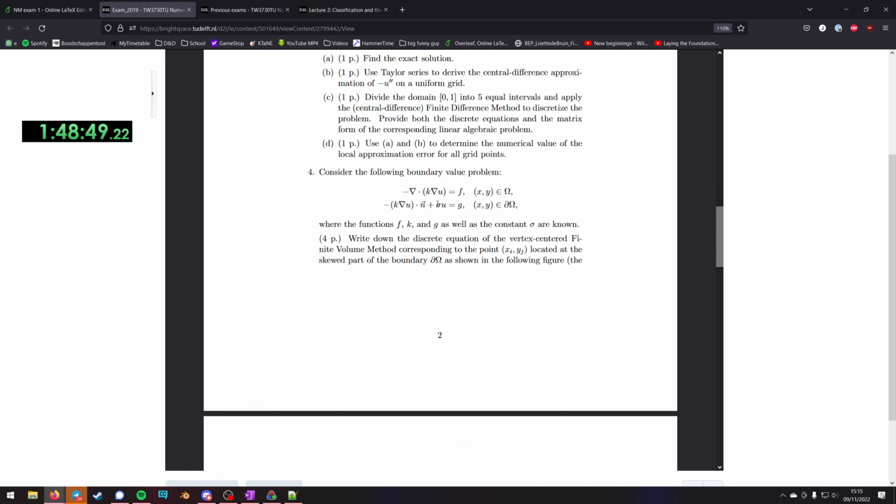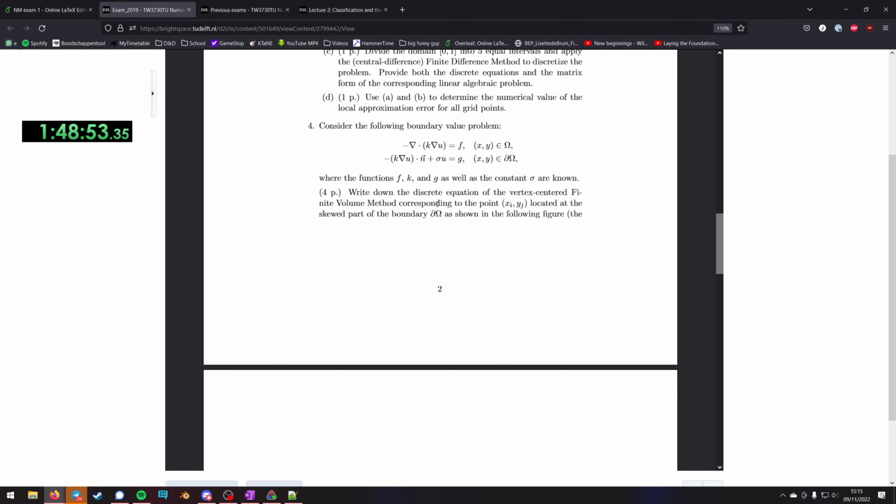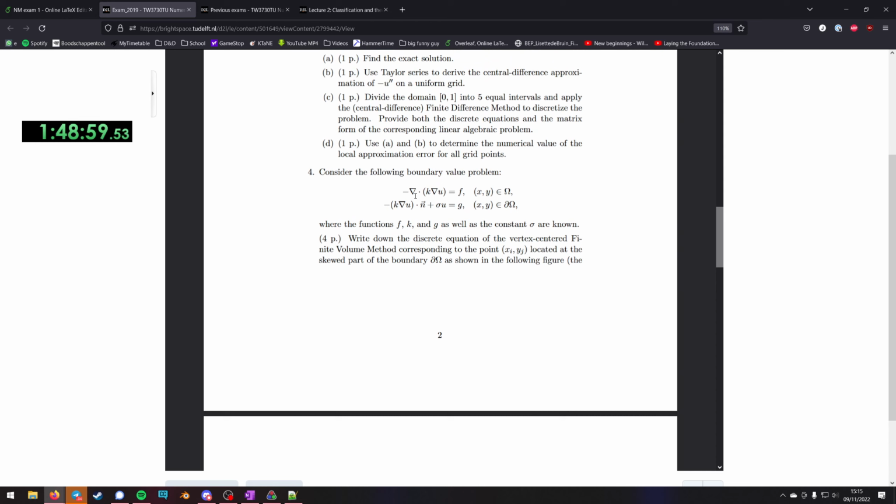Discrete equation of the vertex-centered finite volume method located at the skewed part of the boundary. And J, K, and G are known, and this is the normal at the boundary. Right.